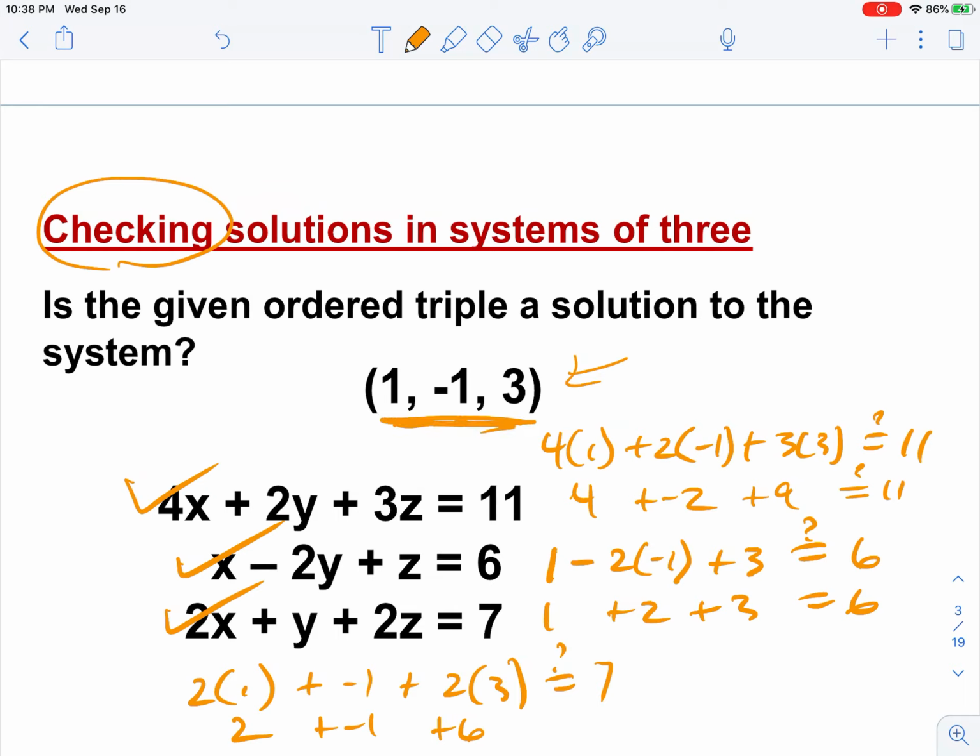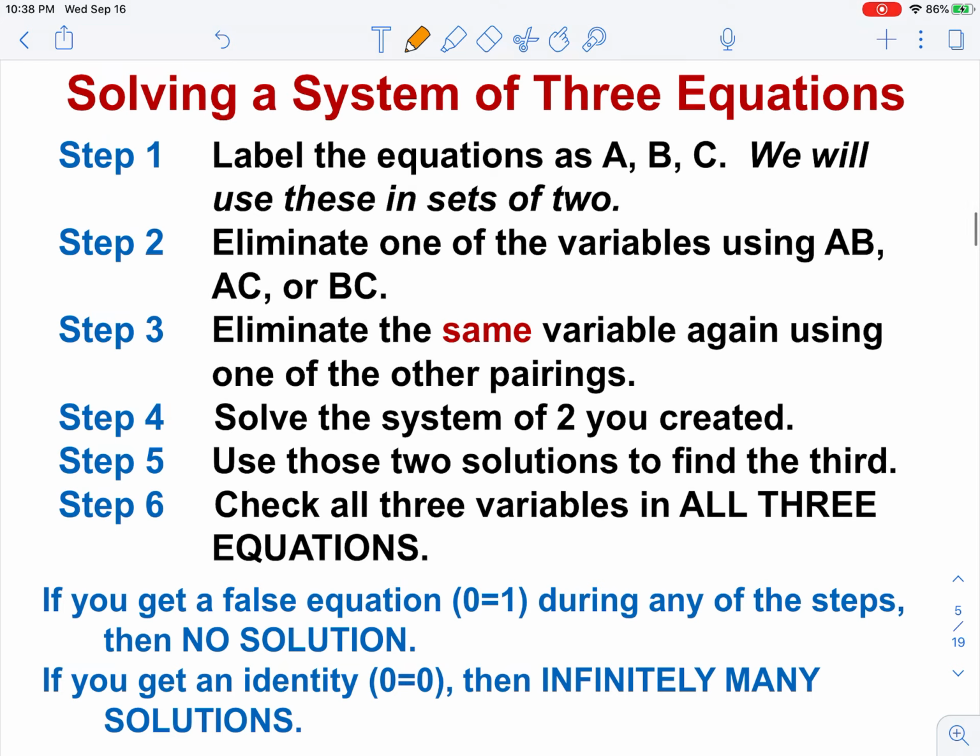When you check an ordered triple in these three equations with three variables, the solution is the one that satisfies them all. By way of strategy, here's what we want to do. We want to label each equation as A, B, and C, and then try eliminating something in sets of two. We might do A and B, or A and C, or B and C. Any combination of those three in pairs.